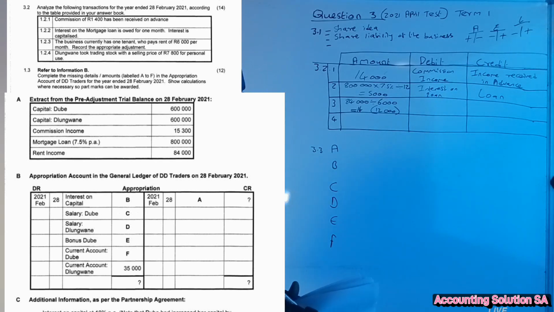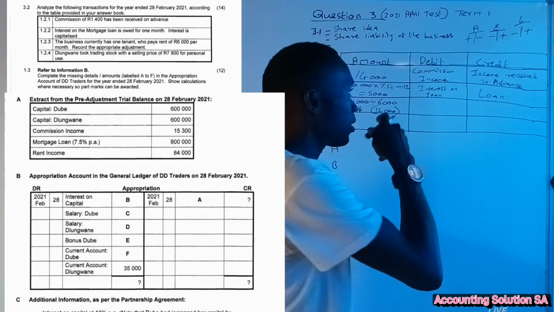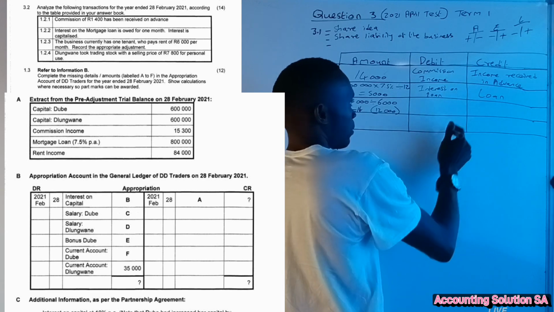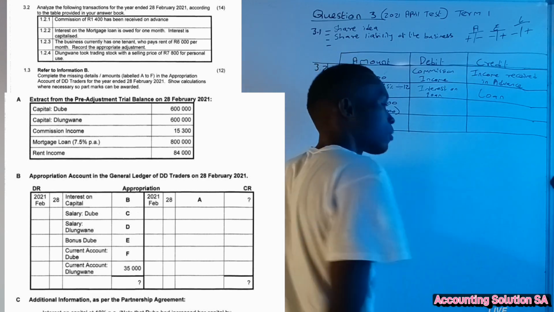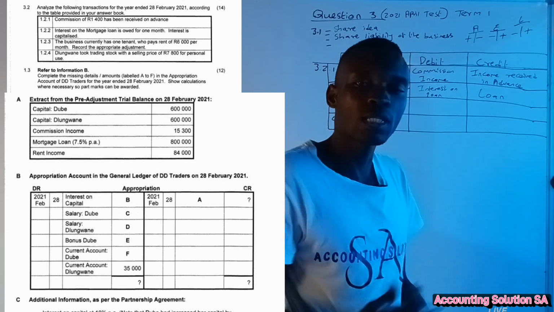Okay, now because amount of 12,000 must be subtracted, what do we call it? We call it income received in advance. We receive income in advance. It's similar with this one, which means that our liability has increased because this person hasn't stayed for this month, for these 2 months. We still owe that person.